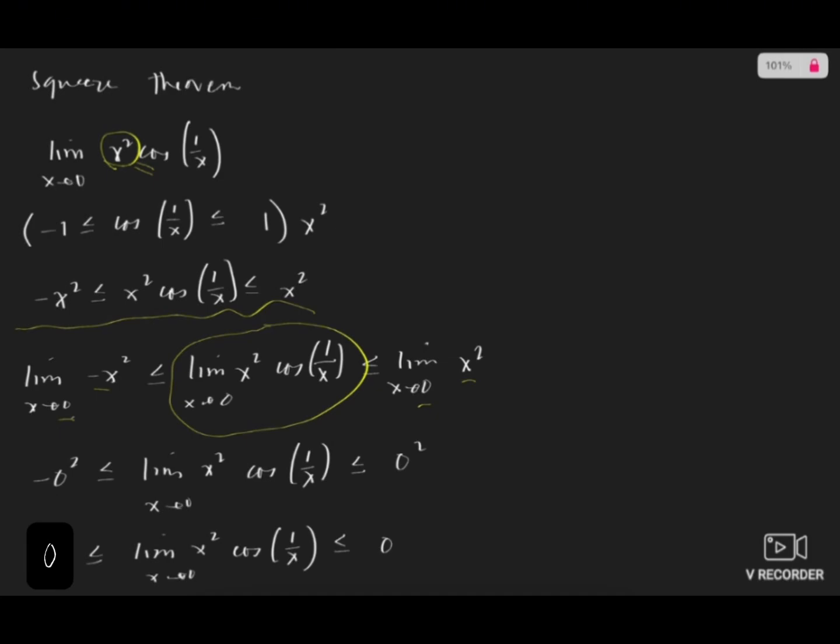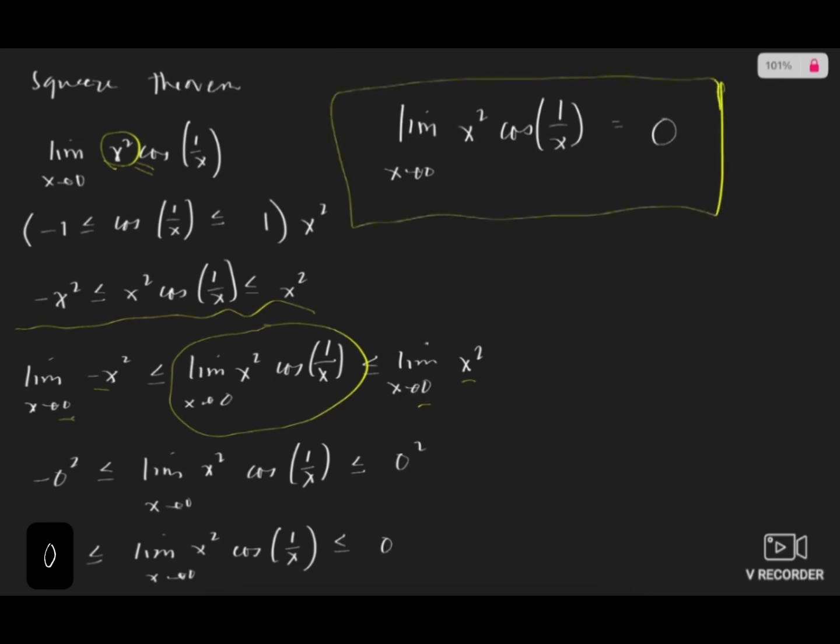So in short, there is no other answer. We have the limit as x approaches 0 of x squared times cosine 1 over x is equal to 0. Therefore, this is our final answer. Thank you so much for listening.